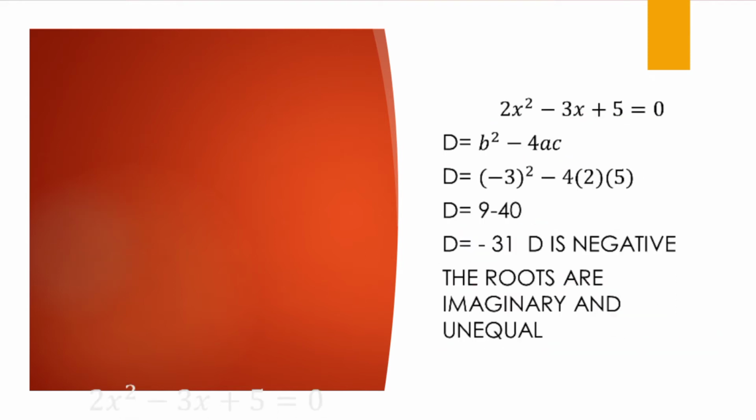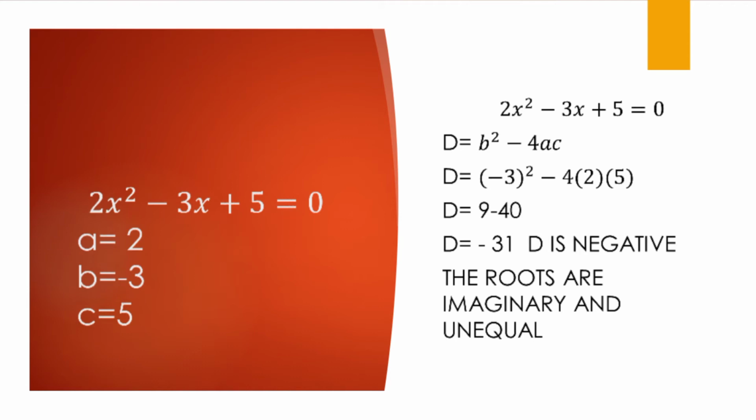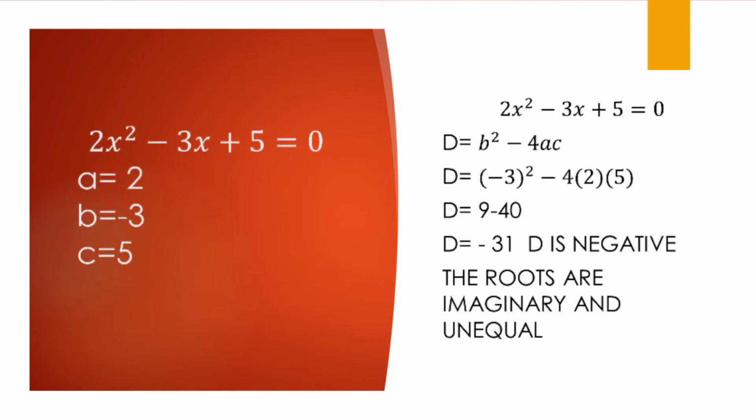Next example. 2x squared minus 3x plus 5 equals 0. So, A is positive 2, B is negative 3, and C is positive 5. Again, substitute the values of A, B, and C to the discriminant. So, B is negative 3 squared minus 4 times 2 times 5.